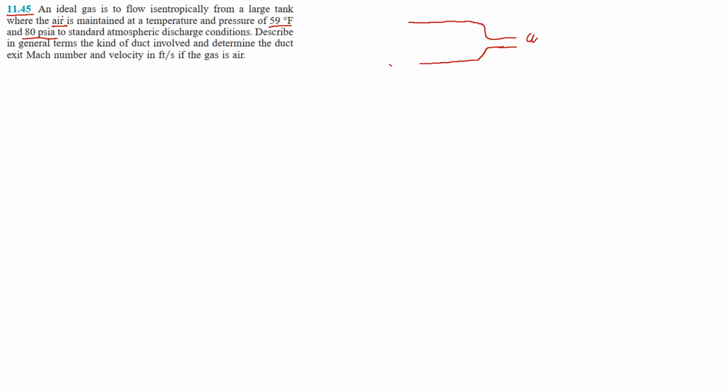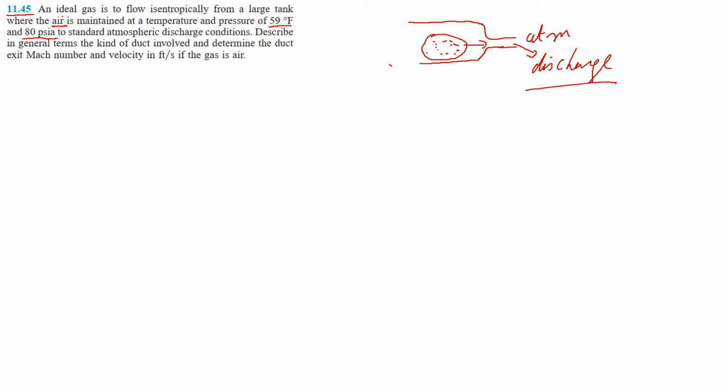So there is a pressurized gas inside this container, and it is exiting to the atmosphere at the standard atmospheric discharge condition. This will be our discharge.